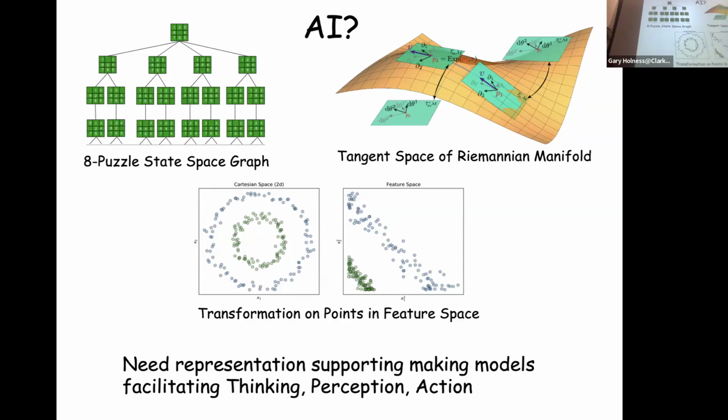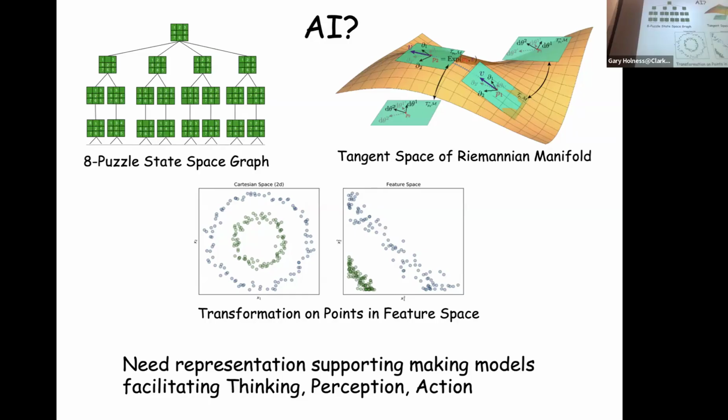Now, with this representation, you'll notice that going from one node starting at the root to another node traversing down the tree represents the resulting state of this eight puzzle after you've taken a particular action, right? And so with this representation, you can perform thinking, perception, and action in order to solve this eight puzzle, regardless of the initial configuration.